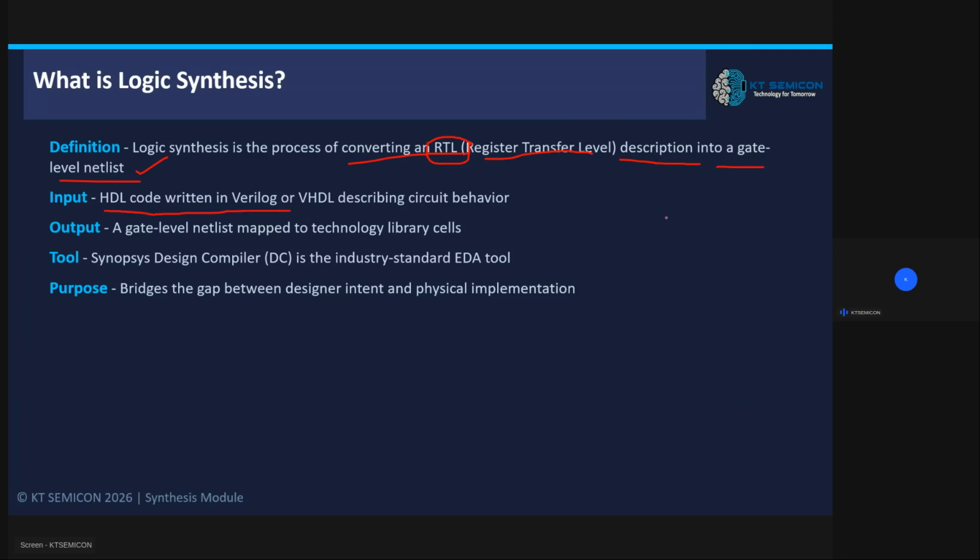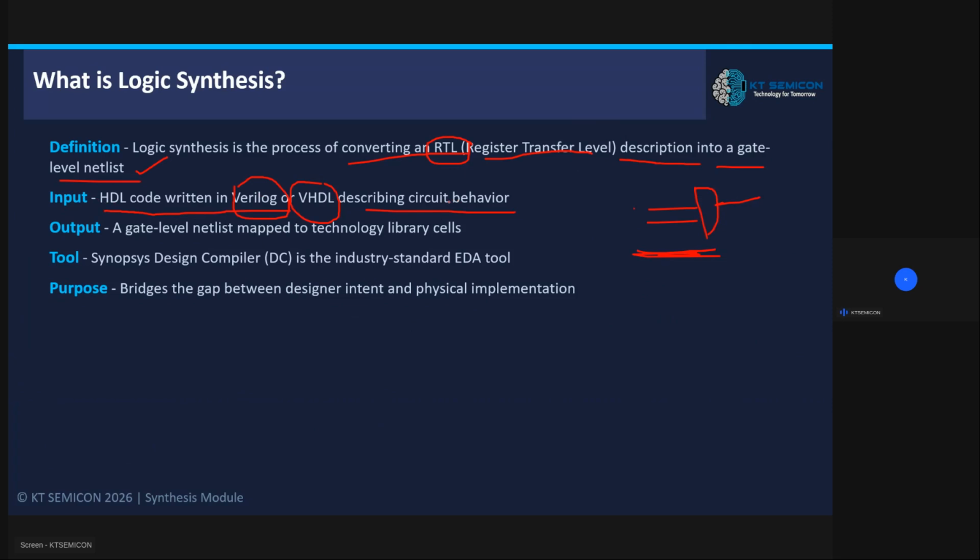We have one AND gate, and for that particular specification we have some logic, in the form of Verilog or VHDL, describing the circuit behavior: what the inputs are, what the outputs are, and how the circuit is going to work. All these things we write in Verilog or VHDL format. That is the major input for the synthesis people.